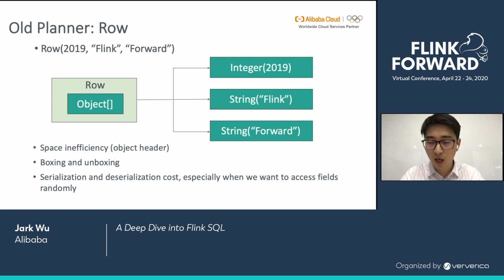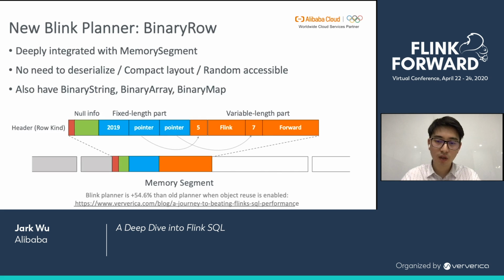But actually, only one field is needed. All the others are a waste of resources. That's why we proposed BinaryRow as the basic data structure in the Flink planner to replace Row. BinaryRow is integrated deeply with Flink's memory segment.